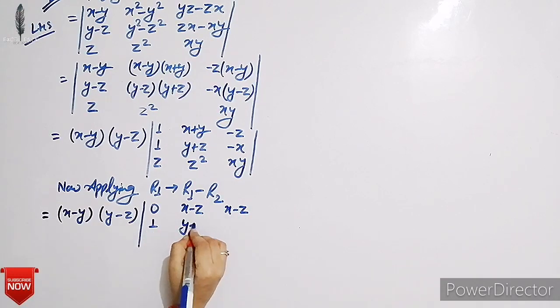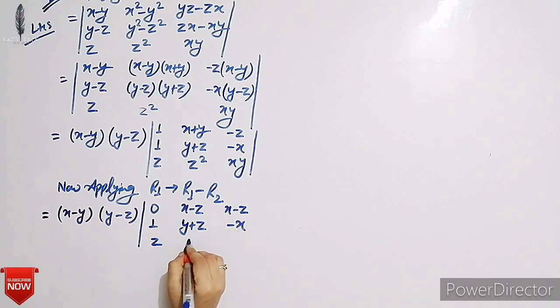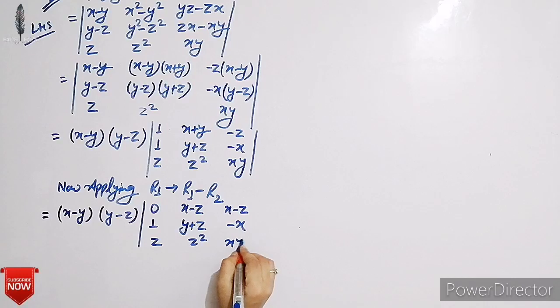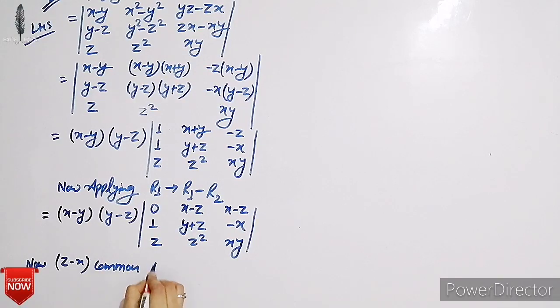R2 is same 1 y plus z minus x. R3 is also same, that is z square xy. Now taking z minus x common from R1.